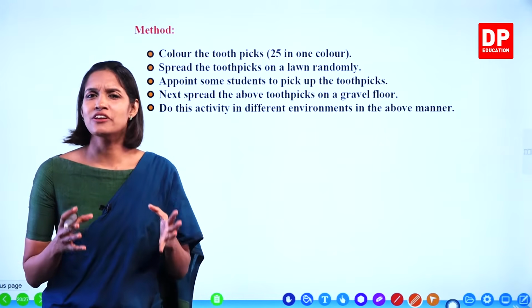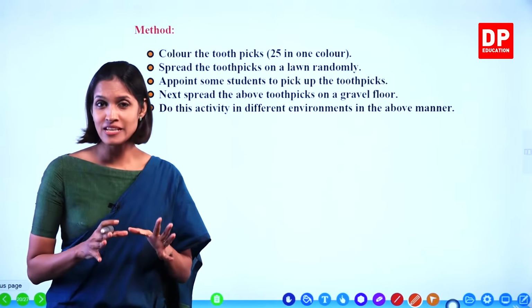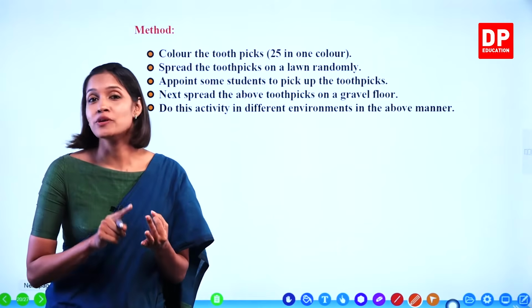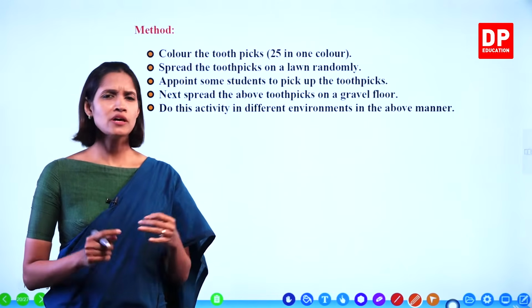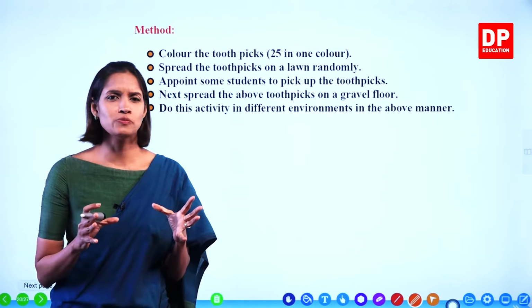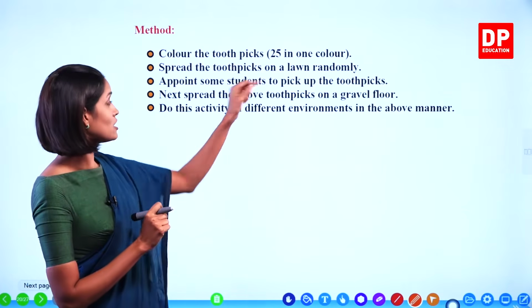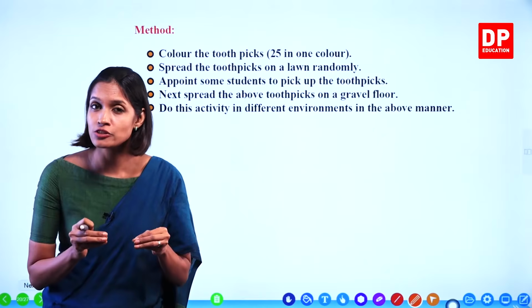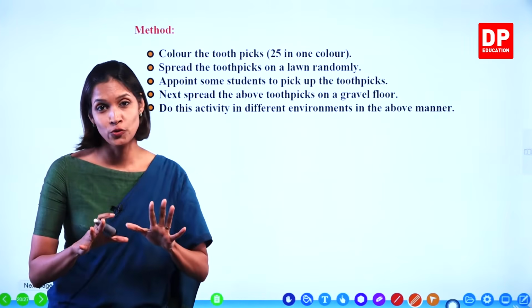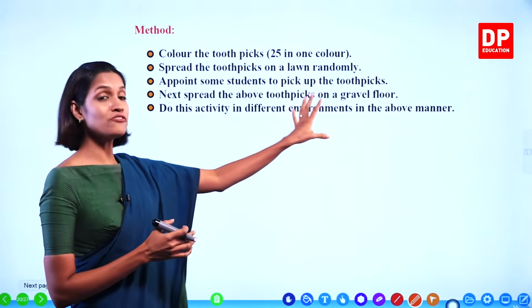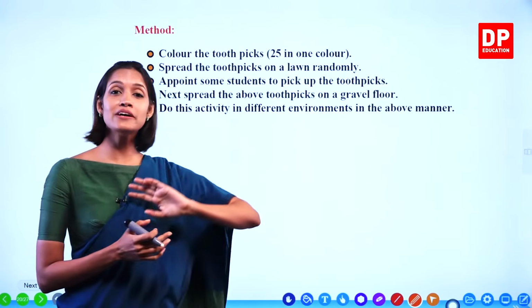So what happened? When we counted the number of toothpicks, a larger number of red, white and brown toothpicks were picked up. But what about the green color toothpicks? When you compare, the number of green color toothpicks picked on the lawn was very low, right? So what happened when we spread the toothpicks on a gravel floor, which means a brown color environment?